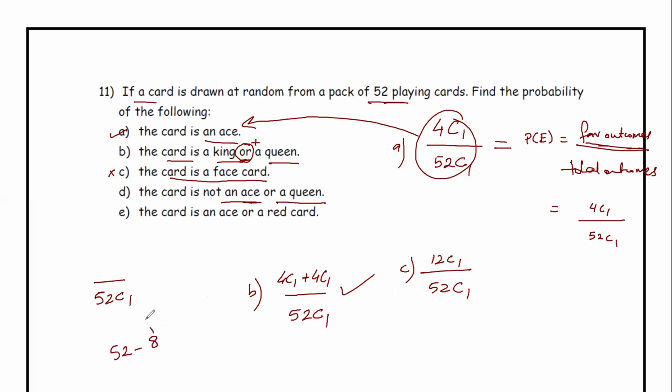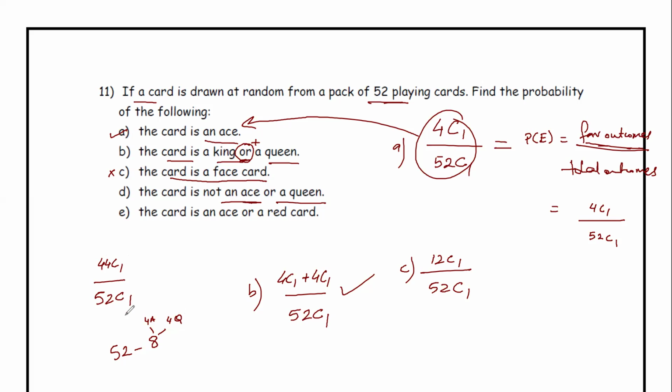These 8 would be the 4 aces and 4 queens. So therefore my answer will be 44C1, because it could be anything out of the 52, but it should not be an ace, it should not be a queen. Therefore, the card is not an ace or a queen.